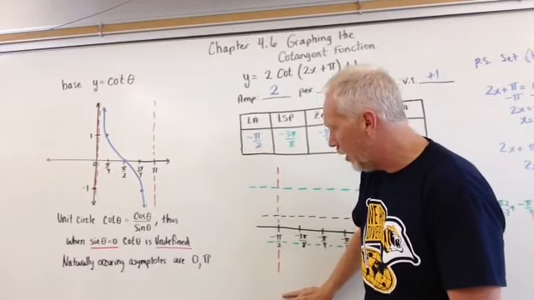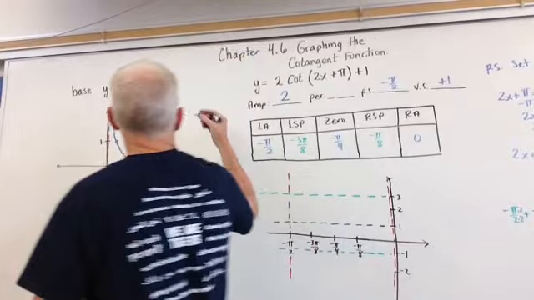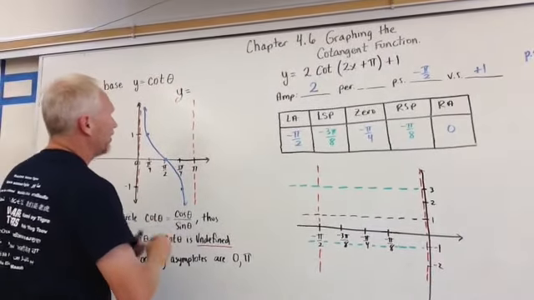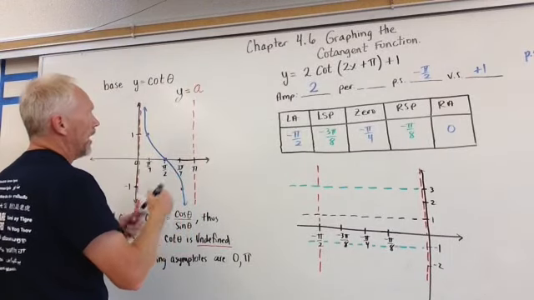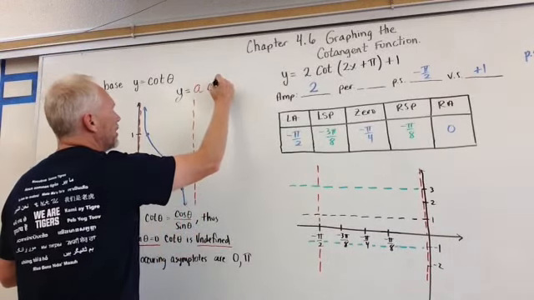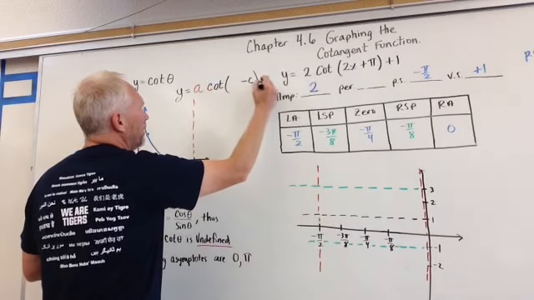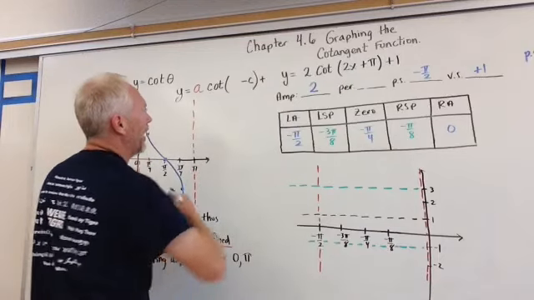If we wanted to note the general equation, again, it's y equals a, some a value, which is our amplitude, times the cotangent of bx minus c, plus some d value.